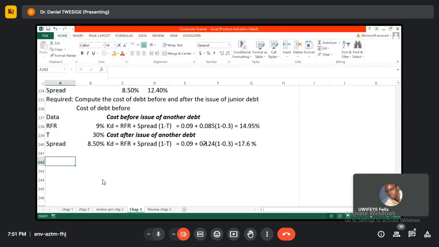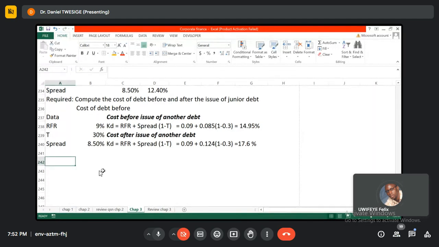Yes, but as you are increasing the debt, you are increasing the risk to the other one. So yes, the maturity may be the same, but because of the high gearing, the risk becomes different, the spread becomes different. Yes, understood. Okay.